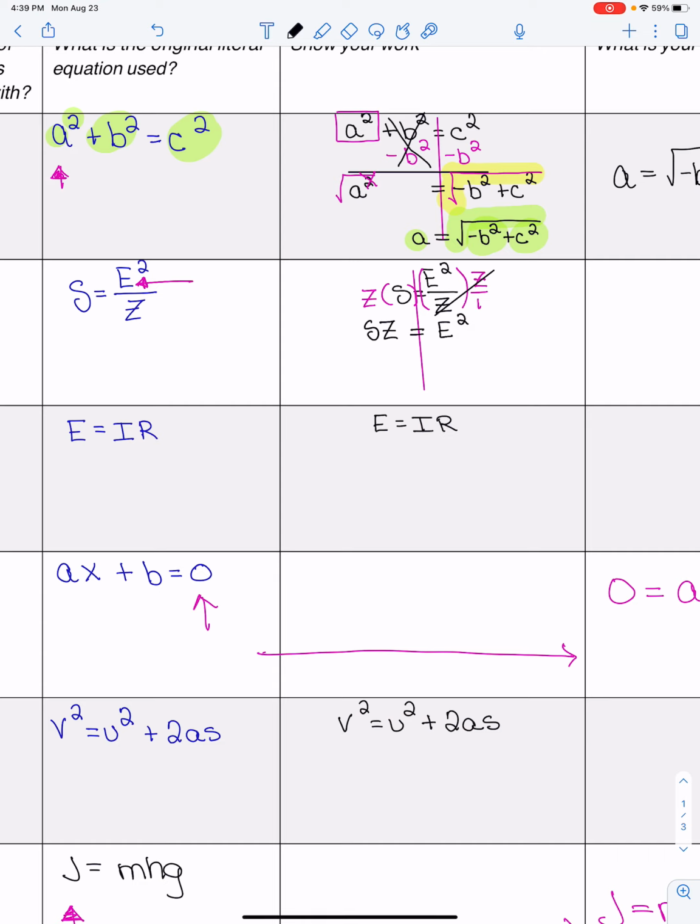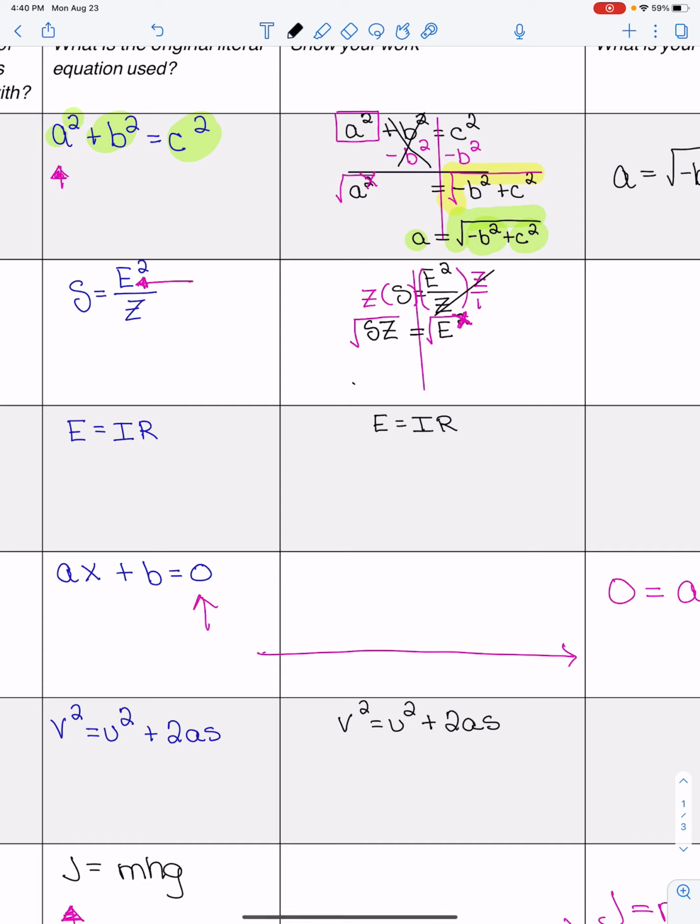Okay. Now we have to get rid of that square. So in order to get rid of the square, we have to do the inverse of the operation. The inverse of a square is to square root it. But whatever I do to one side, we have to do to the other. Okay. The square and the square root will eliminate one another because they are inverses.